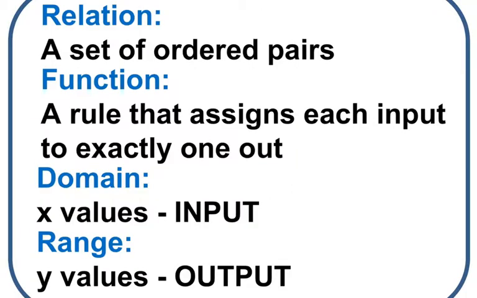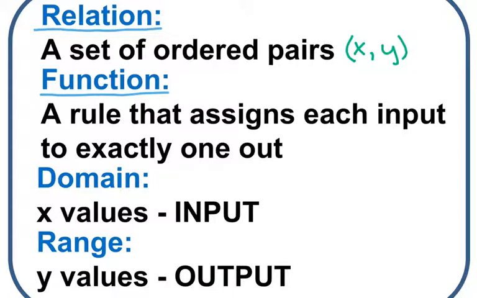Before we get started, we need to go over some important vocabulary. So relation. Okay, that's a set of ordered pairs. Remember, ordered pairs. Our x value and then our y. Okay, a function.